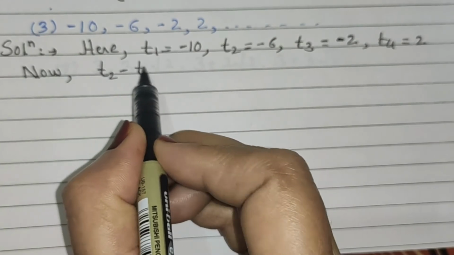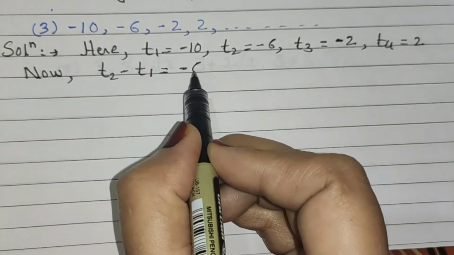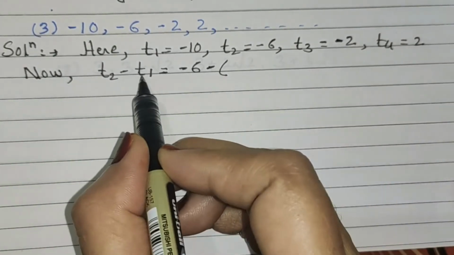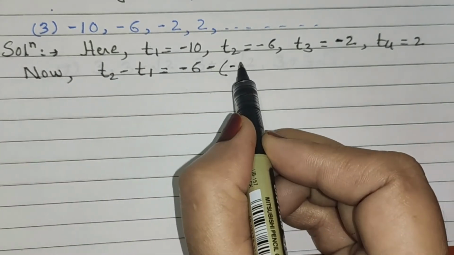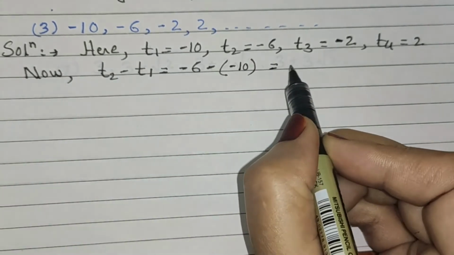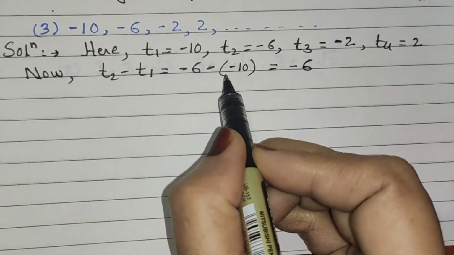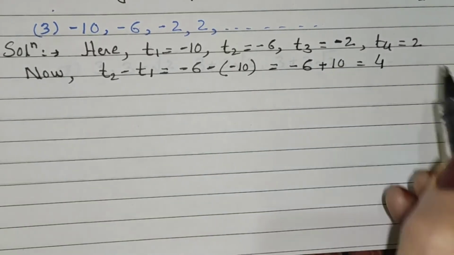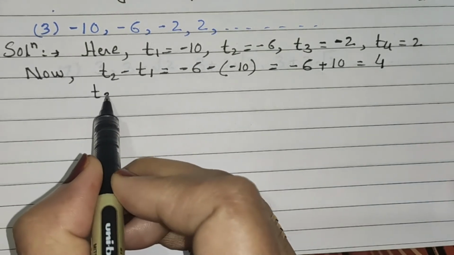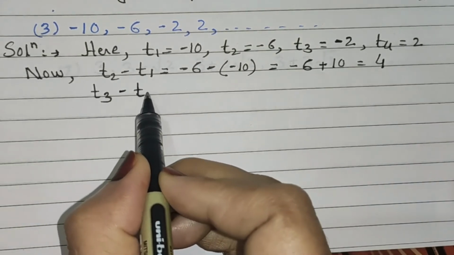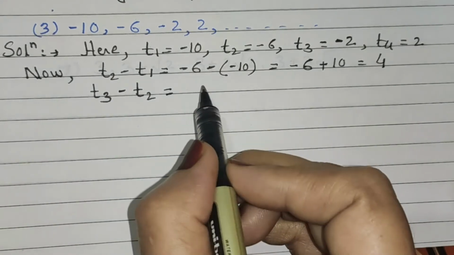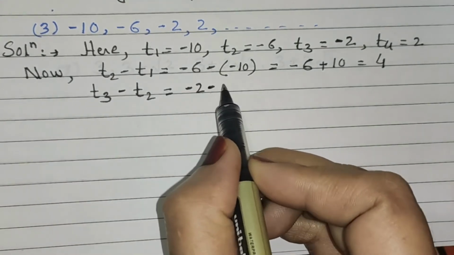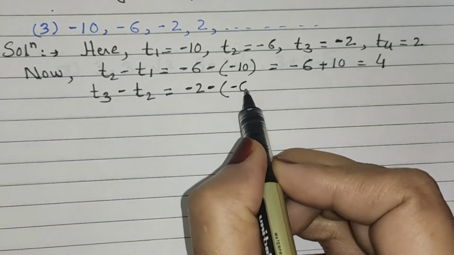T2 minus T1 is equal to -6 minus of T1. Now the T1 is -10. Open the bracket, we get -6, minus into minus plus 10. Now the answer is 4. And next one, T3 minus T2 is equal to -2 minus of -6.